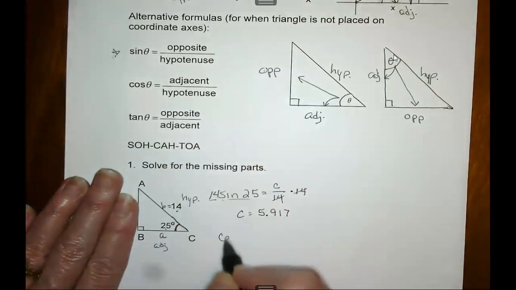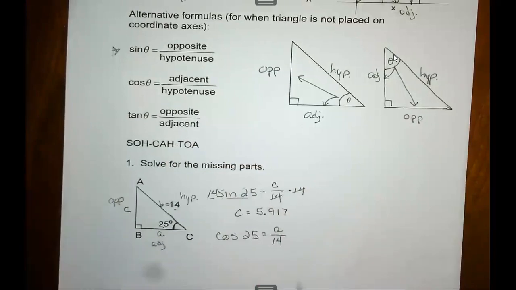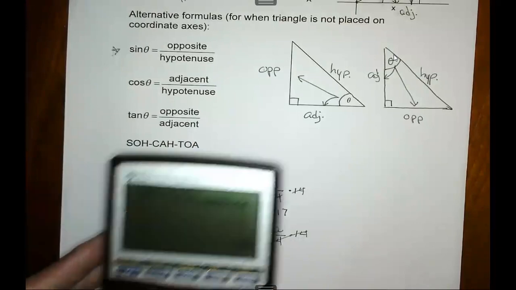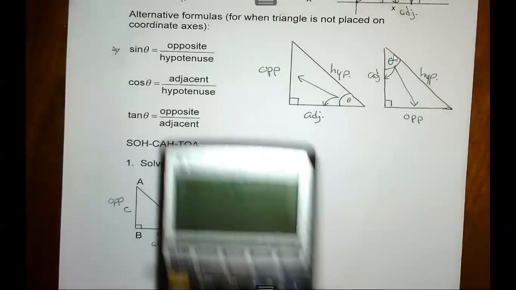So I would write cosine of 25 degrees equals the adjacent side A over the hypotenuse, 14. And then I solve, multiply by 14. So A equals 14 cosine of 25, which is 12.688.